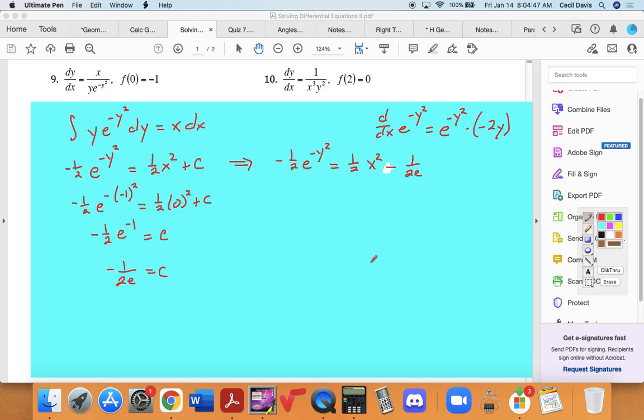So multiplying everything by negative 2 to get rid of the negative 1/2, I'll have e to the negative y squared is equal to negative x squared plus 1 over e.